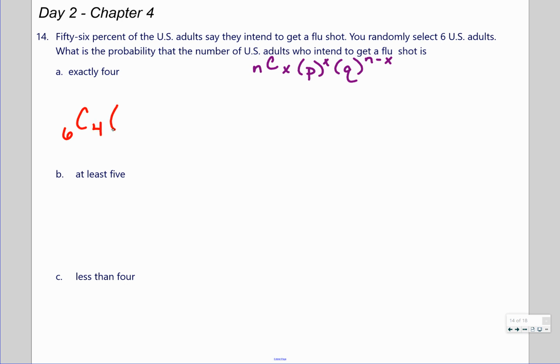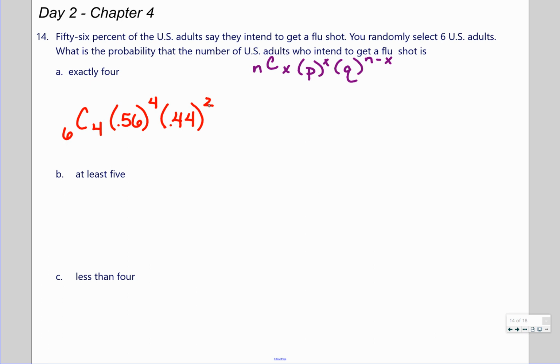The probability of success is what? 0.56. And again, we want exactly 4 successes. And then if 0.56 is the probability of failure, what's the probability of failure? 0.44, the complement of that. And then 0.44 is going to go to what power? The second. Okay, so it's how many successes we have, 4, how many failures we have, 2, and then you just type the whole thing in the calculator.